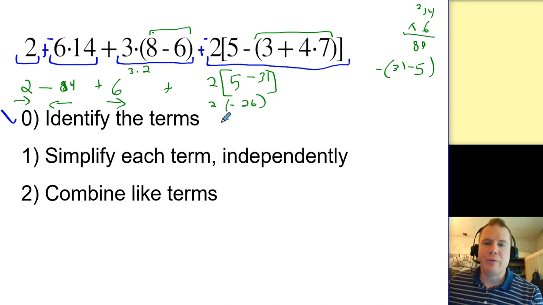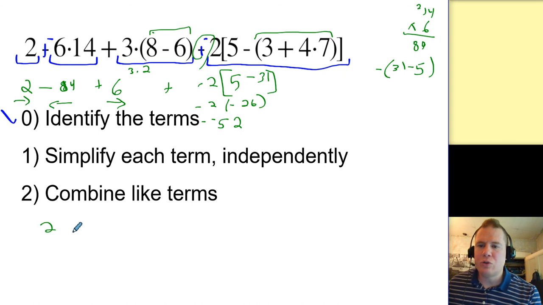Double that, you get 52. Negative. But there was a minus sitting out front here. I really have 2 minus 84 plus 6 minus, that's this minus. This gave me negative 52. So I'm subtracting a negative 52.